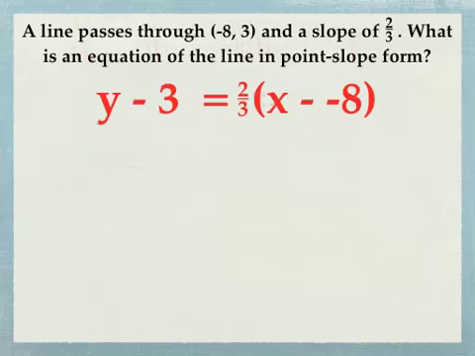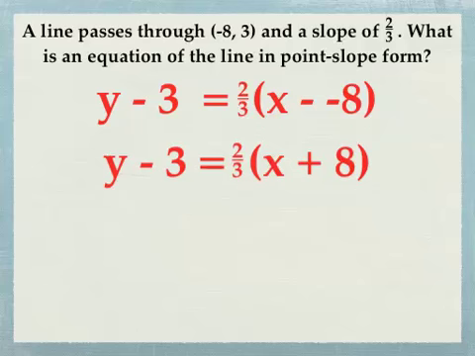So I have y minus 3 equals 2/3 in parentheses x minus -8. Well, just like in the last example, notice in this case in the parentheses, I have x minus a -8. Subtracting a negative is the same as adding a positive, so I'm going to go ahead and rewrite this as y minus 3 equals 2/3 parentheses x plus 8.